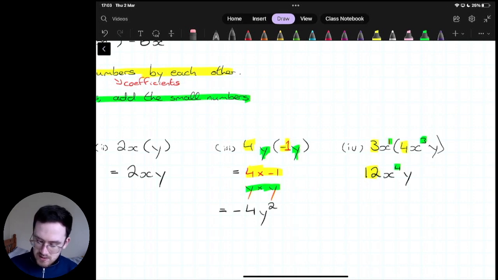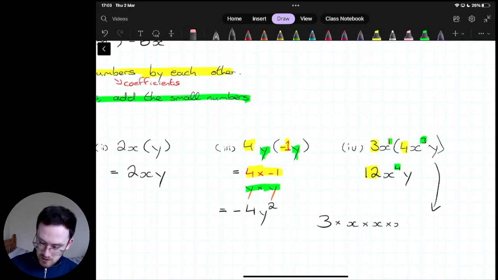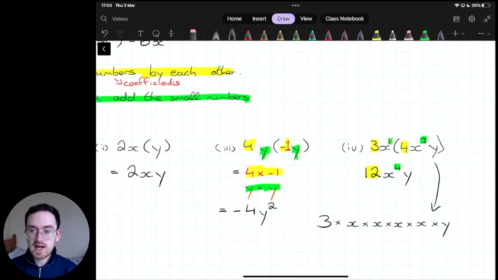And if we break it down, breaking the whole thing down gives me 3 multiplied by x multiplied by x multiplied by x multiplied by x multiplied by y. So just breaking up the whole sum, where the x cubed is here. It is those 3 x's in the middle.